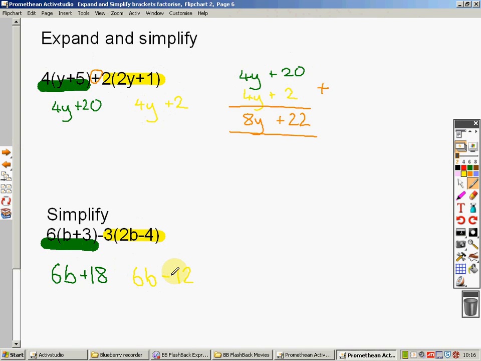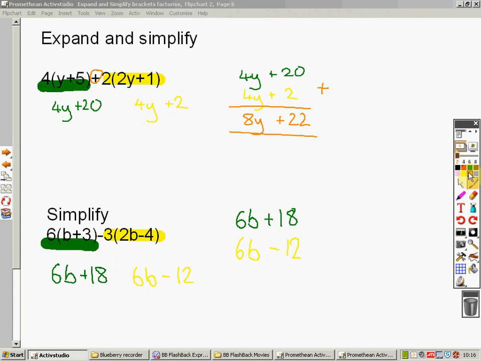I now do my column, and here we've got 6b plus 18 in the green, and in the yellow we have 6b minus 12.